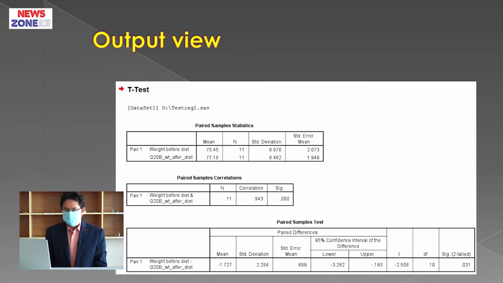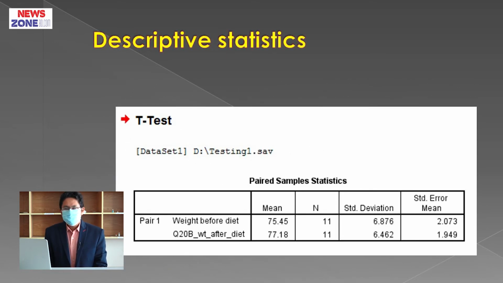There are three tables. One is statistics, another is correlation, and third one is inferential statistical table. Let us discuss those things in detail. In the descriptive statistics table, we see there are two means, one is weight before diet, that is 75.45 kg, and another mean is weight after diet, that is 77.18 kg.